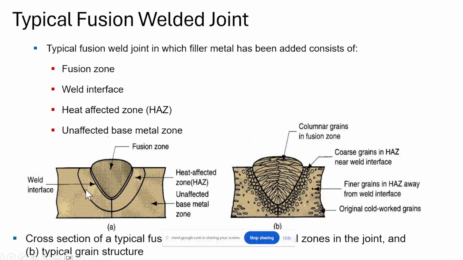In this region the temperature will be more than that, so it will not melt, but the grains will start rearranging and become coarse. So we can see coarse grains. And after this line, the heat affected zone line, the temperature will be below the recrystallization temperature, so there will be no change in the microstructure.